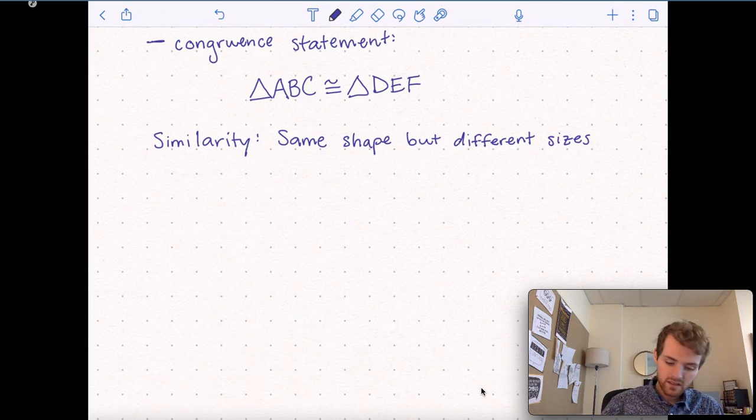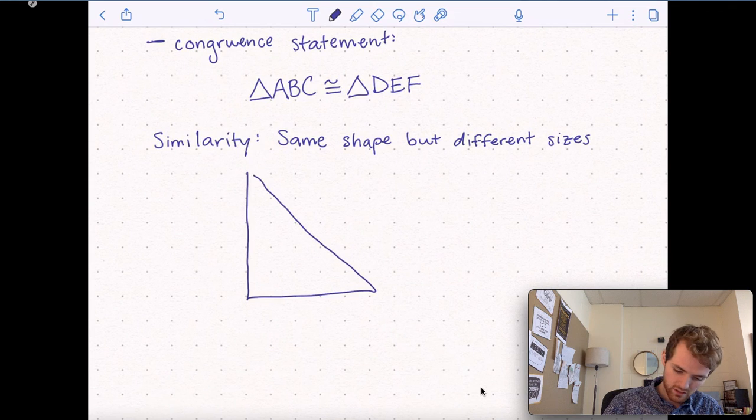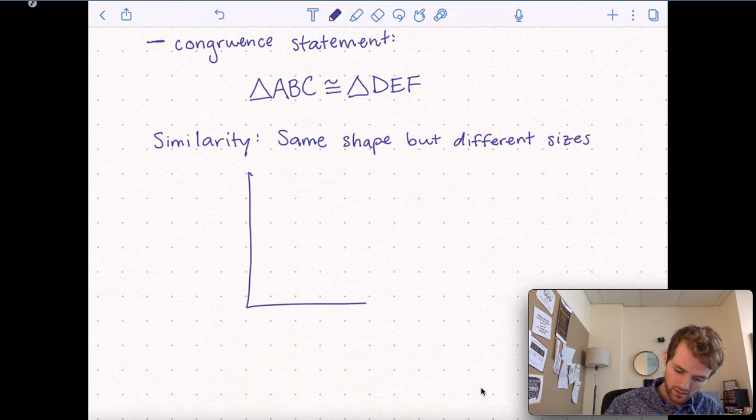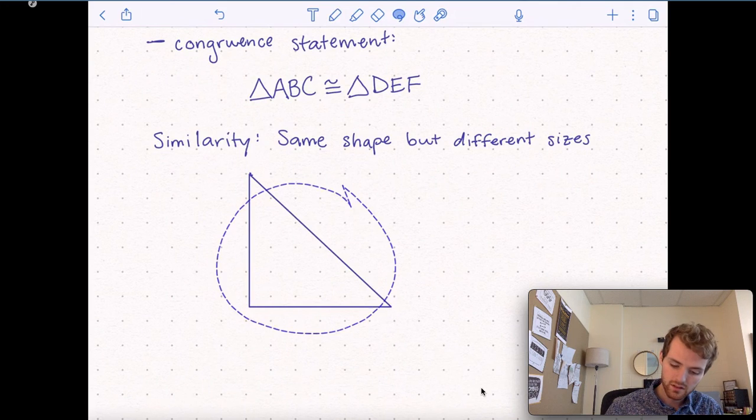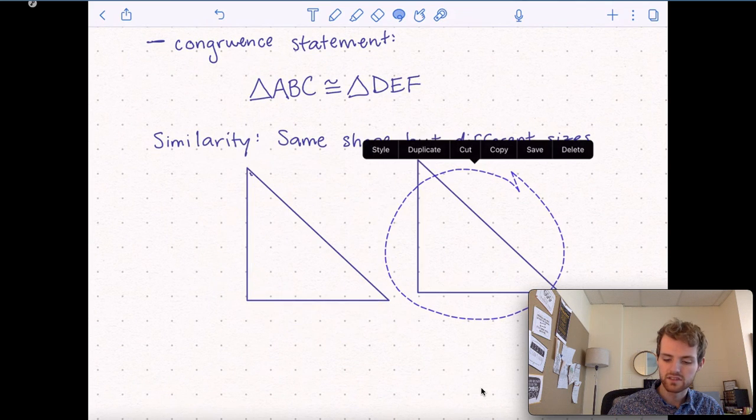What that means is that instead of having two triangles, they're going to be identical in shape, the same exact triangle, but they're going to be different sizes.